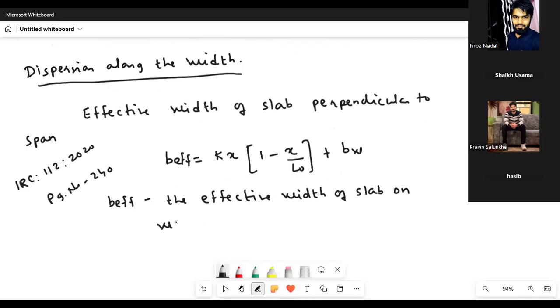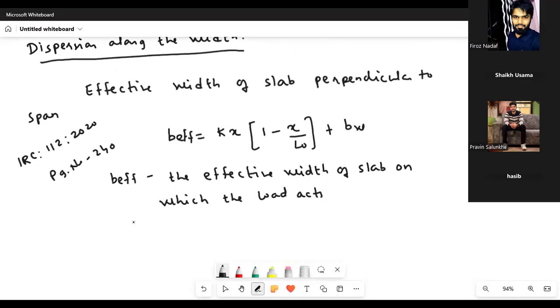We'll see physically what is the meaning of this. First, we will see all the terms.